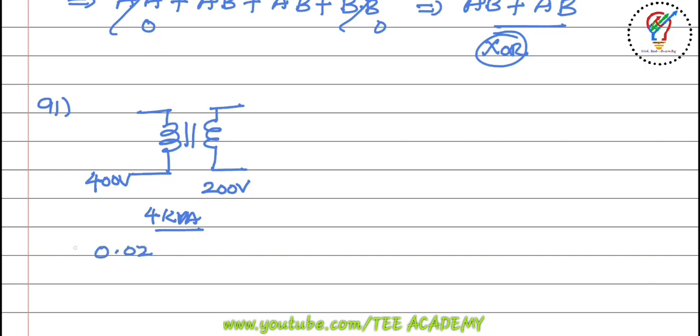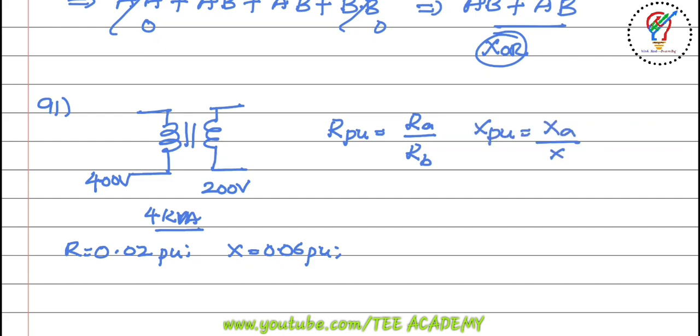They gave 0.02 per unit, and similarly reactance is 0.06 per unit. The advantage of per unit is that it makes the calculations easier. Now I need to choose the formula. R per unit is equal to R actual value by R base value. Similarly X per unit is equal to X actual value by X base value.